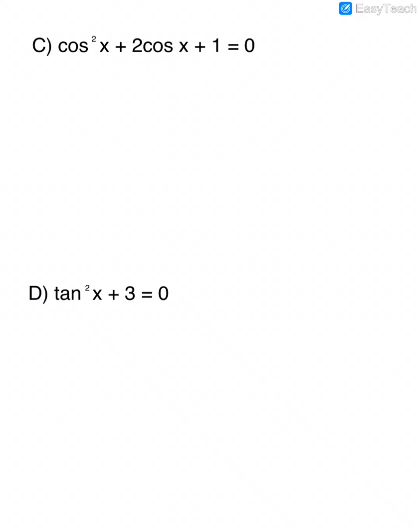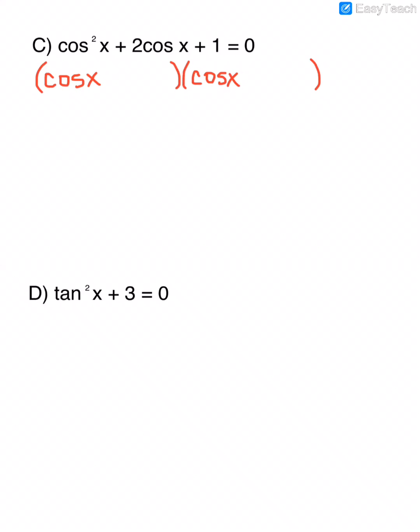All right, to factor, everything needs to be on one side equal to 0, and then this is a trinomial, so we know that trinomials factor into two binomials. So we're going backwards from FOILing. If I were to take the square root of cosine squared of x, I would get cosine of x times the cosine of x.